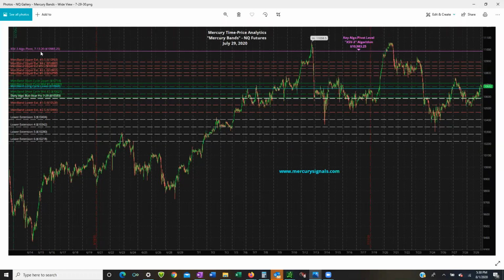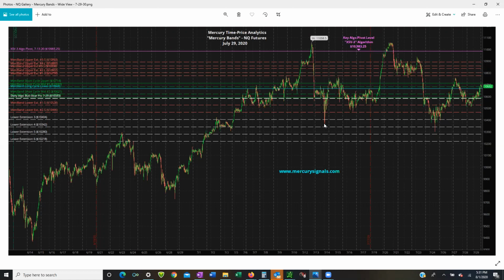Now, when I put an important algo out there, it doesn't mean that we're wrong if it goes above it. What I said was this is a key level, meaning it's an inflection point. Well, what happened when it went above it and it came back and lost it? So this is 10,983. You got a move after that down to below 10,400.